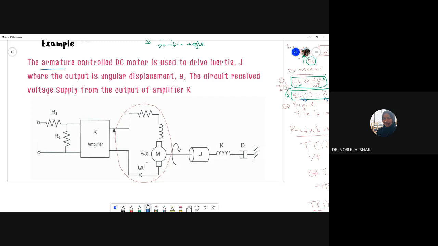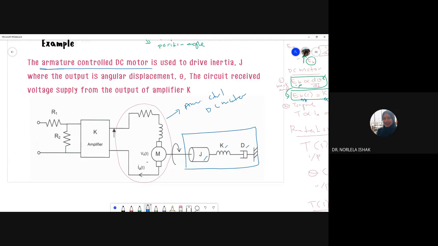Armature control DC motor. This is the armature control DC motor, used to drive inertia. So this means we have a plant. Our plant has inertia, spring, and damper.